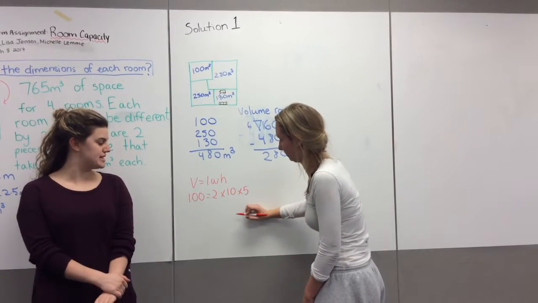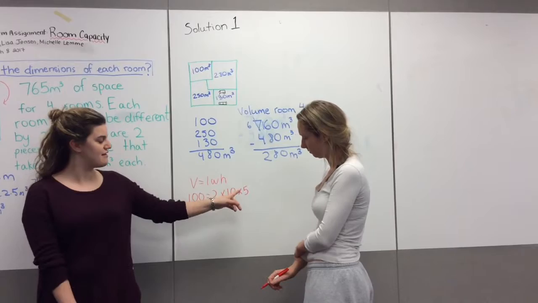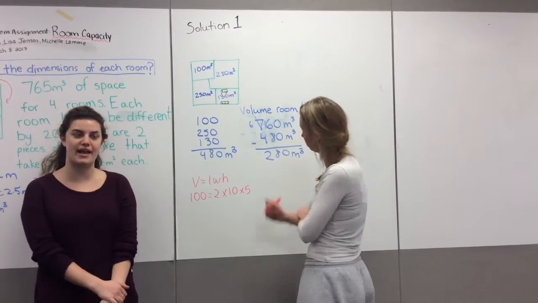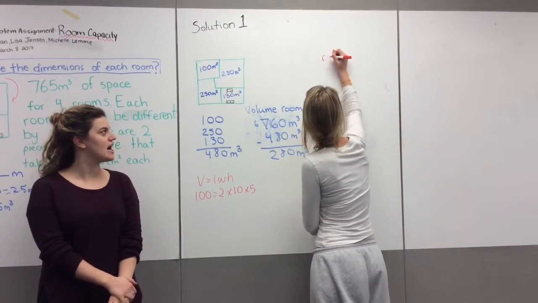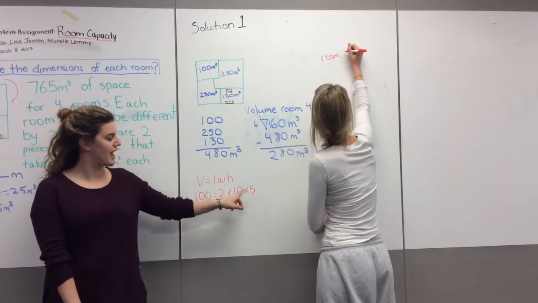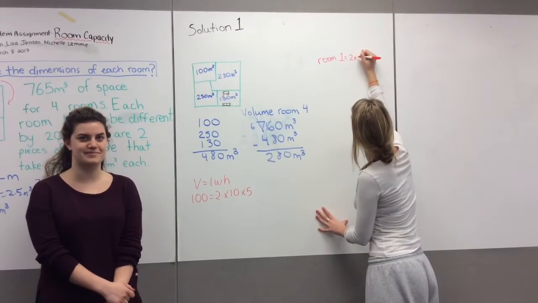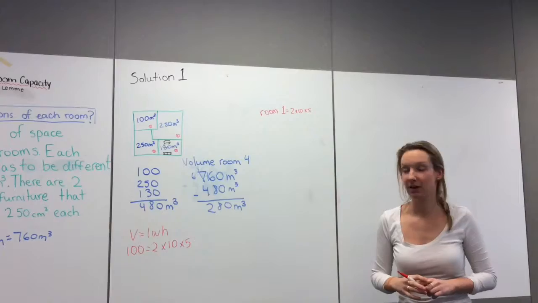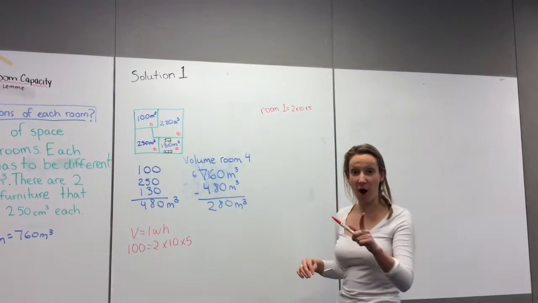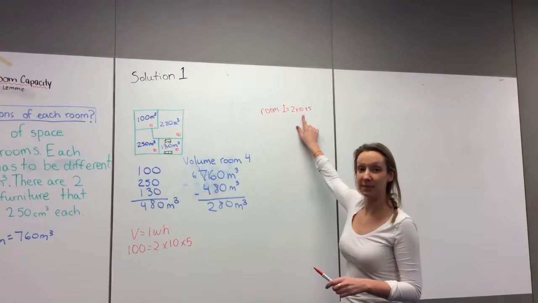The numbers we chose here were 2, 10, and 5, and when you multiply these together you get 100 meters cubed. So the dimensions for room 1 are 2 times 10 times 5.